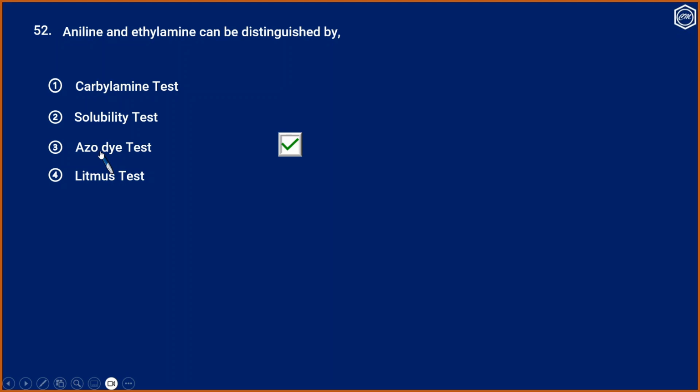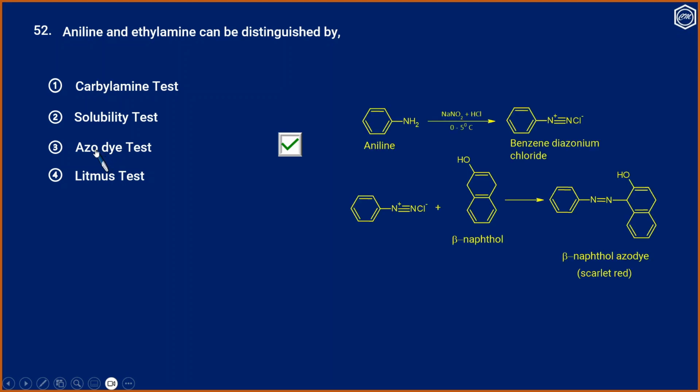So therefore we can use option 3, that is azodye test, to distinguish between aniline and ethylamine. Aniline first forms benzene diazonium chloride and it couples with beta naphthol, giving a scarlet red azodye, beta naphthol azodye. So option 3 is the correct answer.